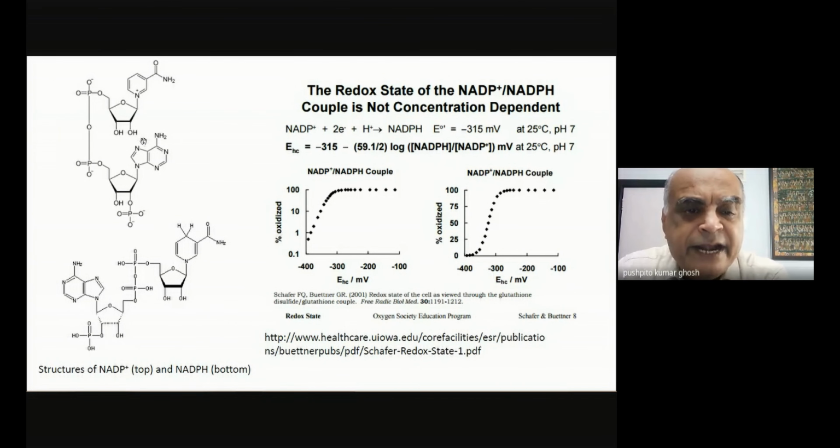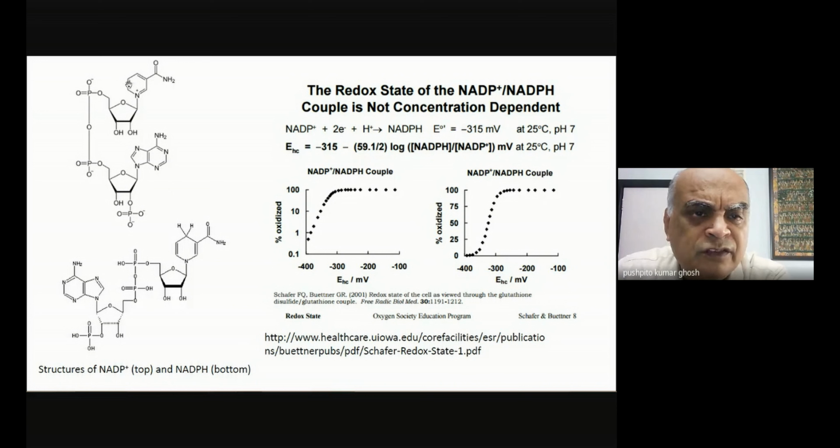Now similarly, NADPH and NADP plus are very interesting. This top one is NADP plus. Now you just concentrate on this part of the molecule.